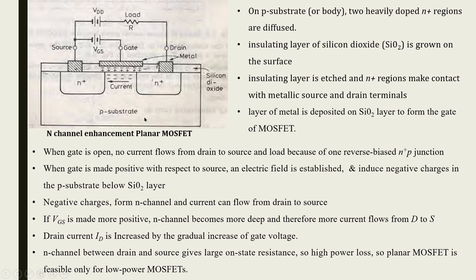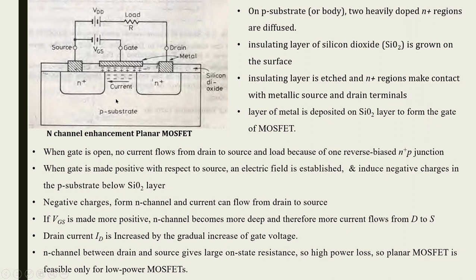Okay, and also how it is operating, we will see. When the gate is open, no current flows from drain to source and load because of the reverse biased N plus P junction. So if VDD is connected from drain to source, and this gate terminal is open, you see here VDD is connected negative to source and positive to drain.